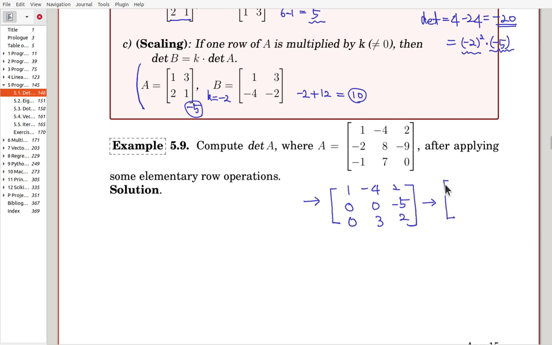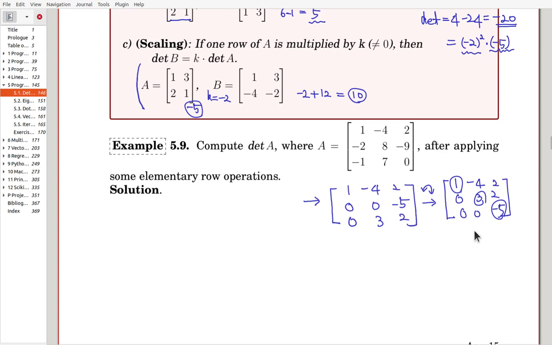Now we may apply an interchange, and the second row and third row are interchanged. Then 1, minus 4, 2, and then 0, 3, 2, 0, 0, minus 5. Okay, now it is an upper triangular matrix, so the product of the diagonal entries will be the determinant.